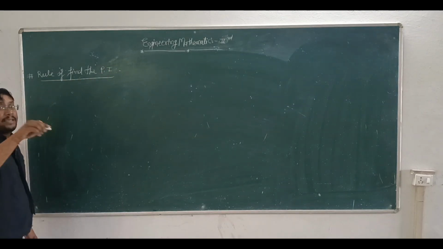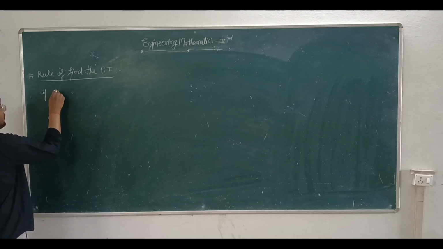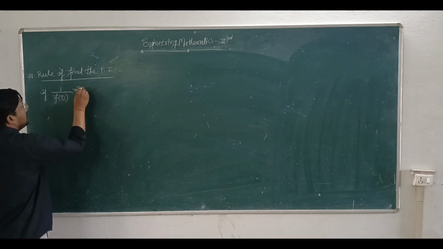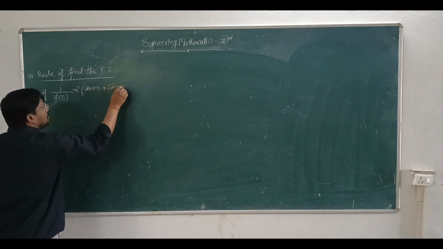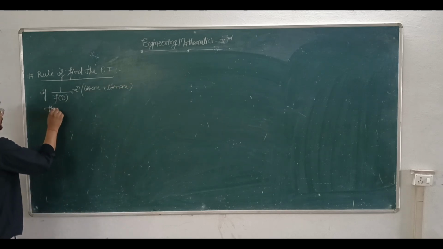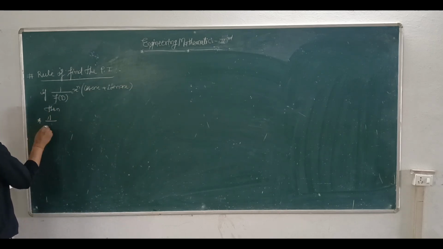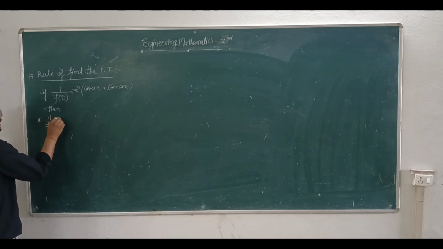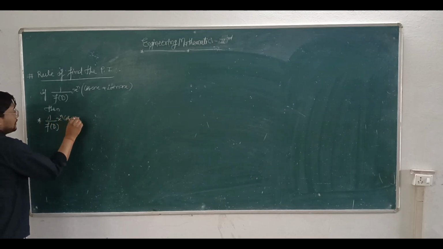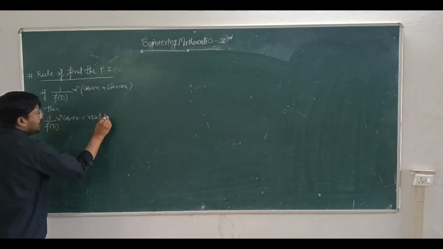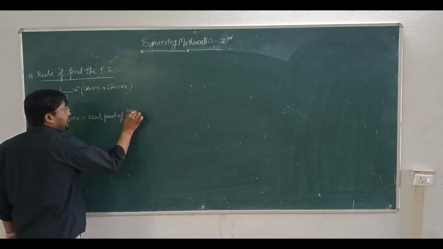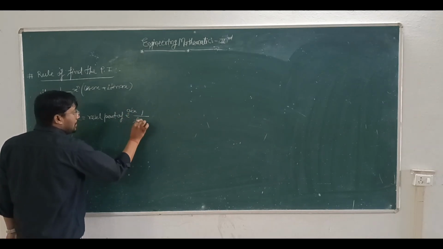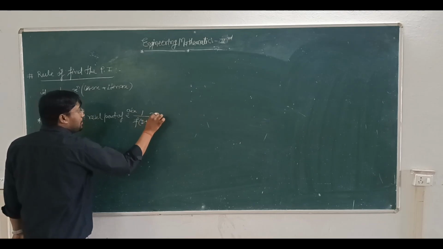You can note down: if 1 upon f(D) x to the power n cos ax plus i sin ax, then 1 upon f(D) x to the power n cos ax is equal to the real part of e to the power iax times 1 upon f(D plus ia) x to the power n.